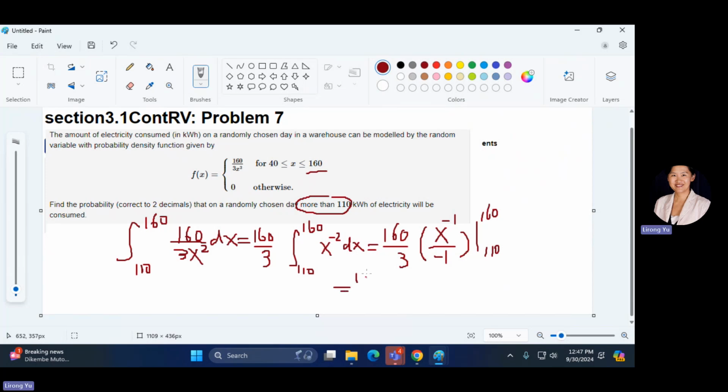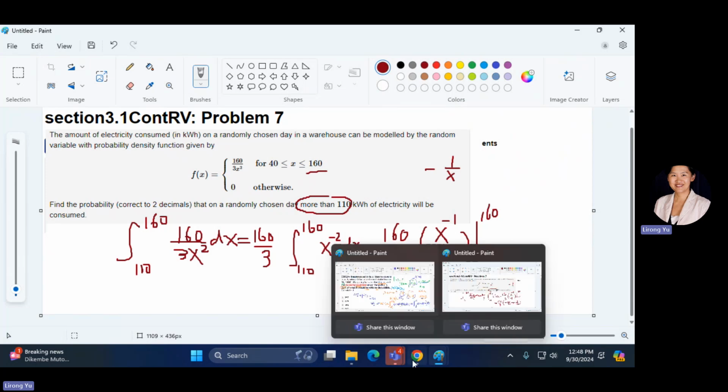So the answer will be 160 over 3 times negative 1 over x, so negative 1 over 160 minus negative 1 over 110. That's negative, negative, make it positive. So that's question 7.